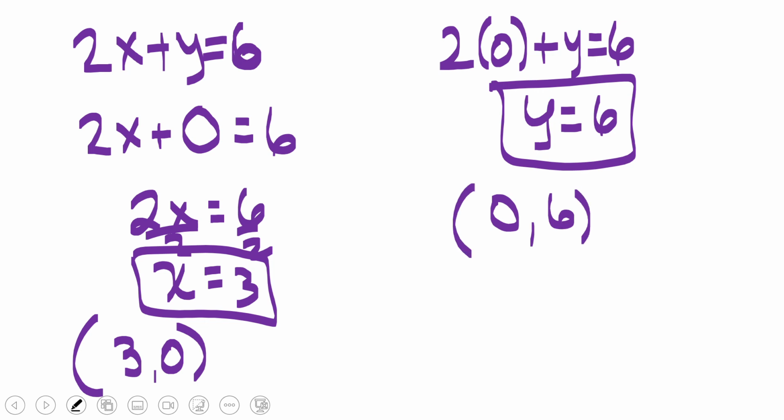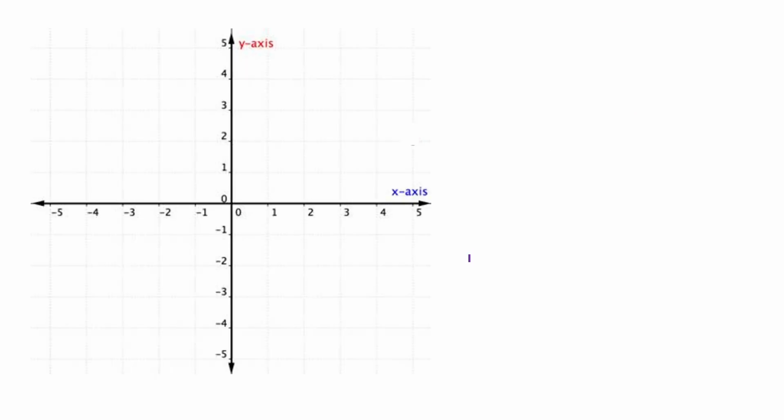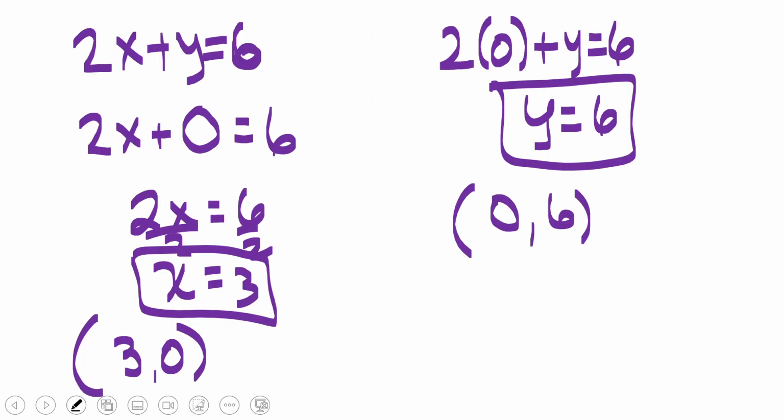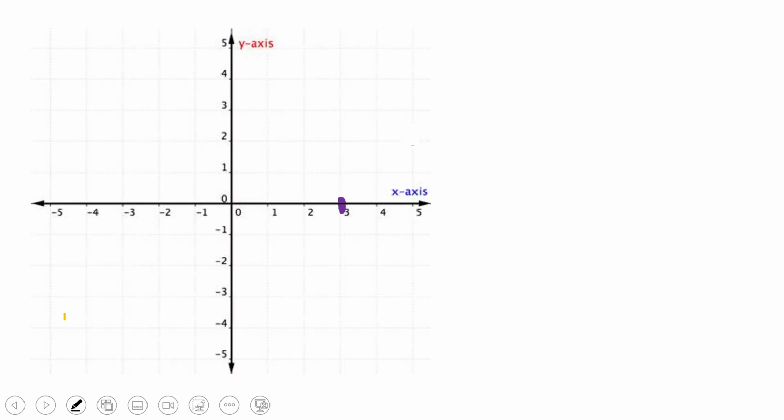And these are where the points land on the graph at the y-axis and the x-axis. So at 3, 0, it would be this intercept on the x. At 0, 6, it would be this intercept on the y.